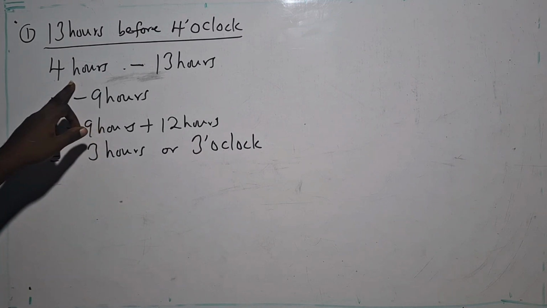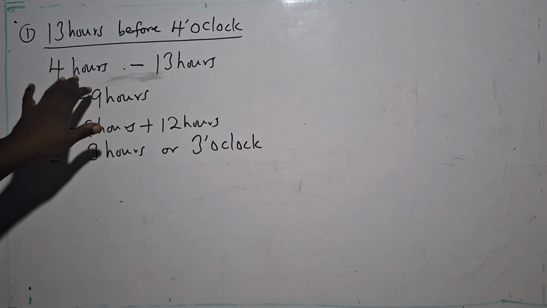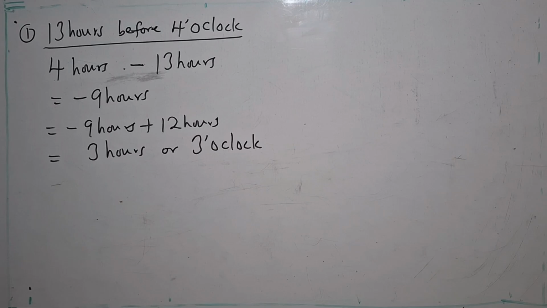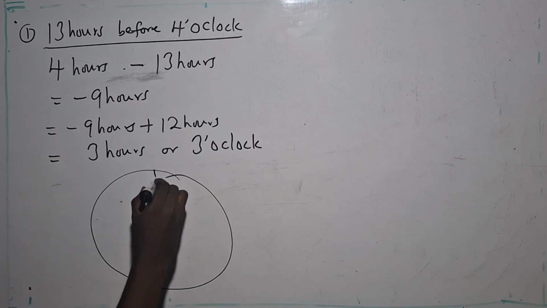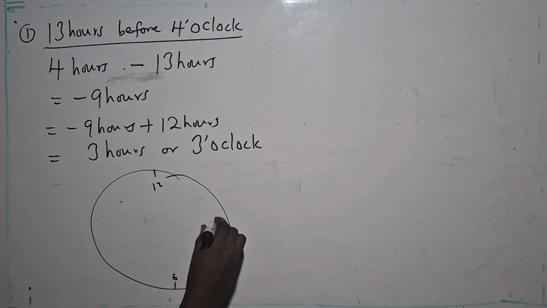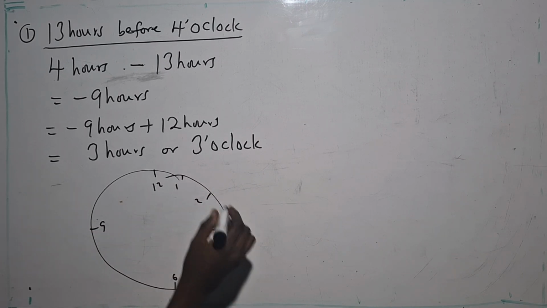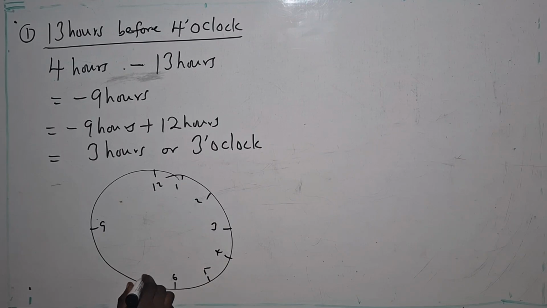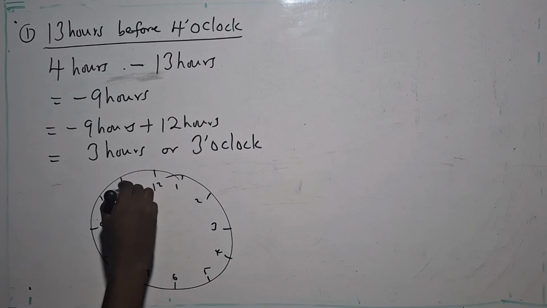4 hours now, or 4 o'clock now, 13 hours ago. So we can count back. If we are to use the clock, we have our 12, 6, 3, we have our 9. So 1, 2, 4 here, 5, 8, 11.